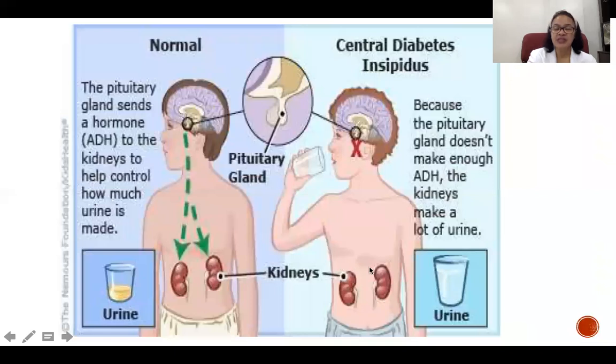Whereas in patients with diabetes insipidus, particularly central diabetes insipidus, because the pituitary gland does not make enough ADH, the kidneys would make a lot of urine. So that's what you call polyuria. Okay.